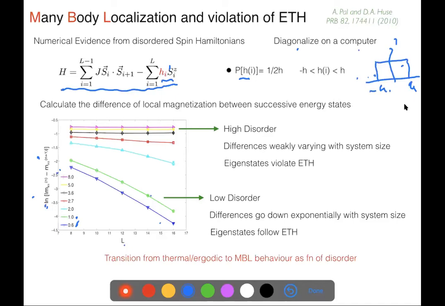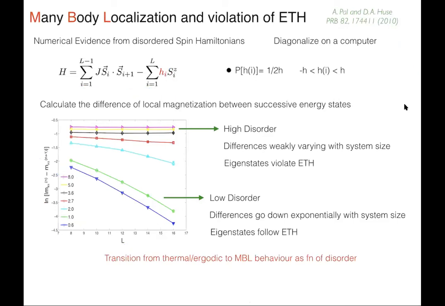There's no exponential decay, and your eigenstates violate ETH. So not only did they show that systems can be both ergodic or thermal, and when I say ergodic, I mean in the ETH sense, and MBL, but they also showed that you can make a transition from one to the other as a function of disorder.